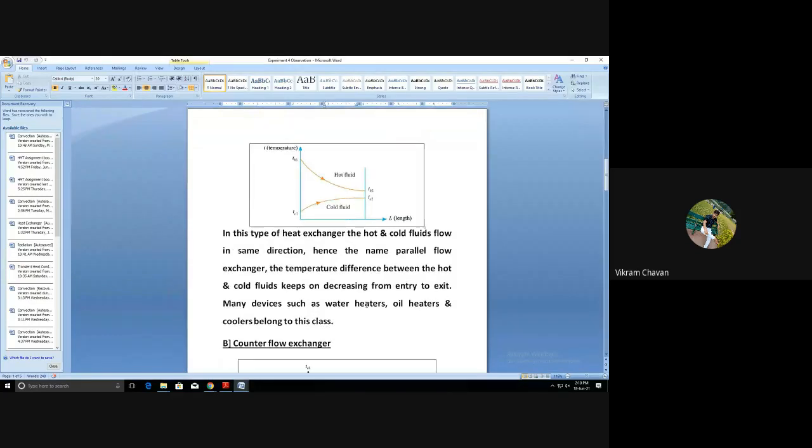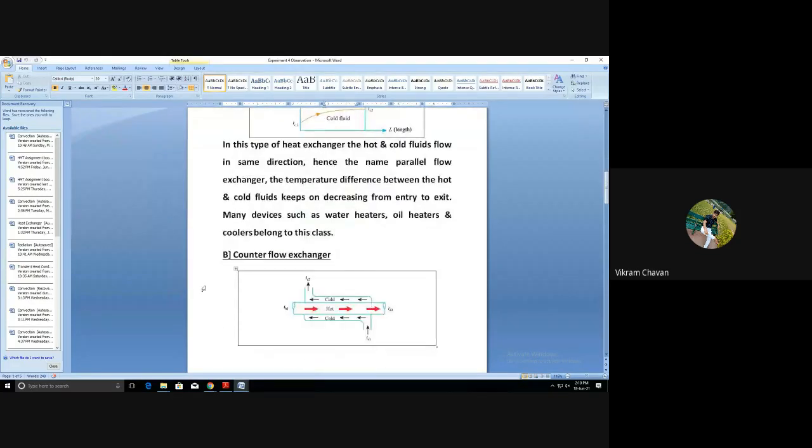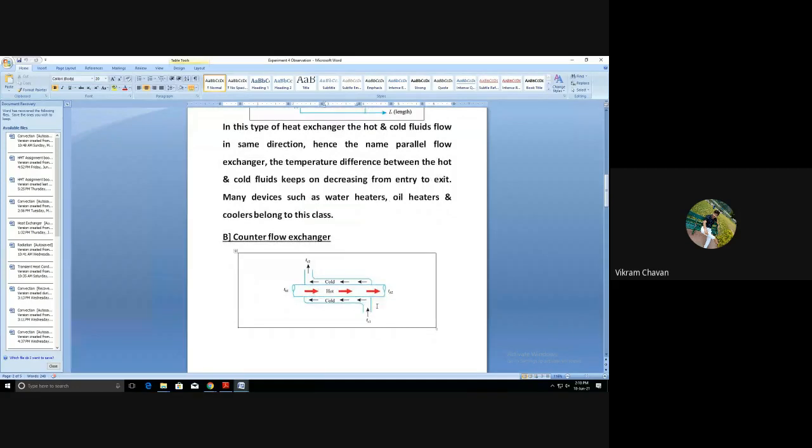Whereas in the counter flow heat exchanger, if you consider this diagram, you will come to know that the hot fluid is entering from this side, so the TH1 temperature is provided on this side, whereas the cold fluid is entering from the opposite side. Both the fluids are flowing opposite to each other, because of that we call it a counter flow heat exchanger.